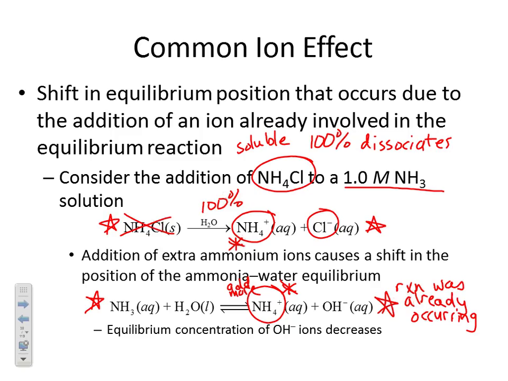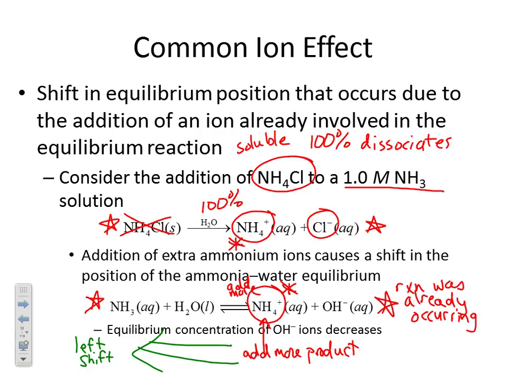And by adding more product, which is what we did, we caused a shift left in the equilibrium position. Because suddenly you add too much product, you might remember that means that you're going to have to shift to the left in order to create more reactant.